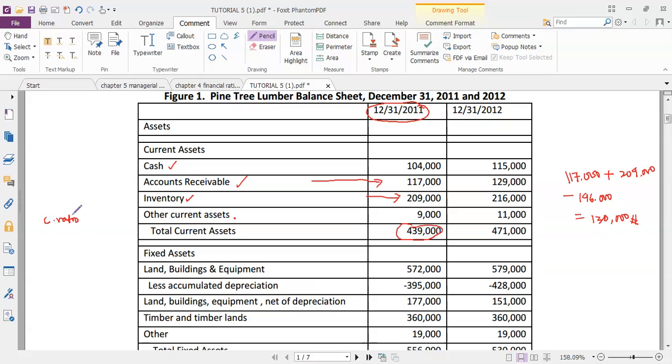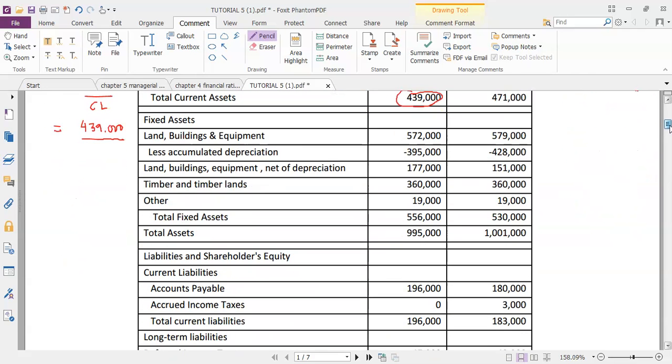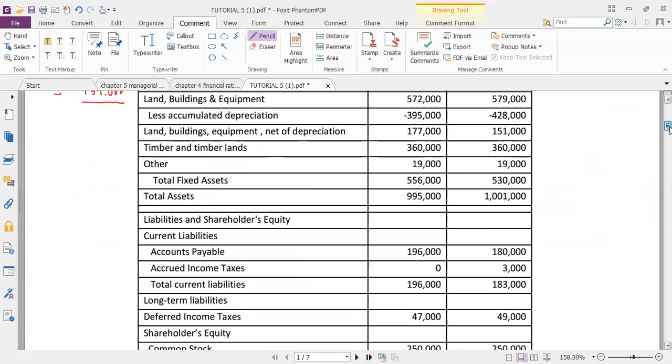Current ratio is equal to current asset divided by current liability. So how much is total current asset? 439 divided by the current liability. Which one is our current liabilities? Here.